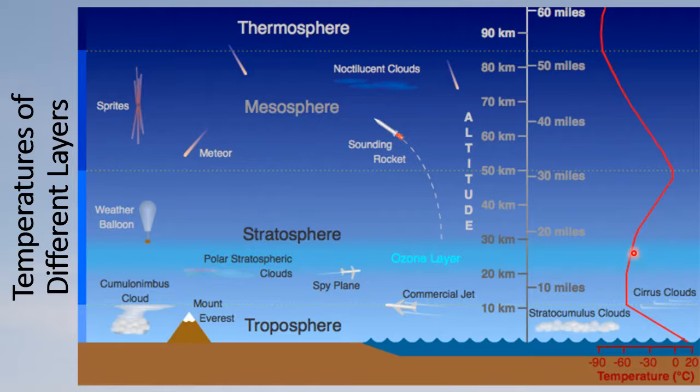We go through our ozone layer, still in the stratosphere, all the way up till we get to our stratopause. Then our temperature is going to again decrease until we get to our mesopause. And then temperature will again increase through our thermosphere all the way out through our exosphere.